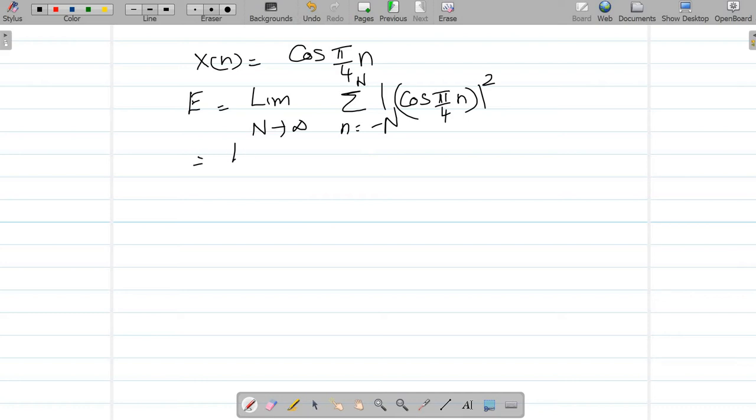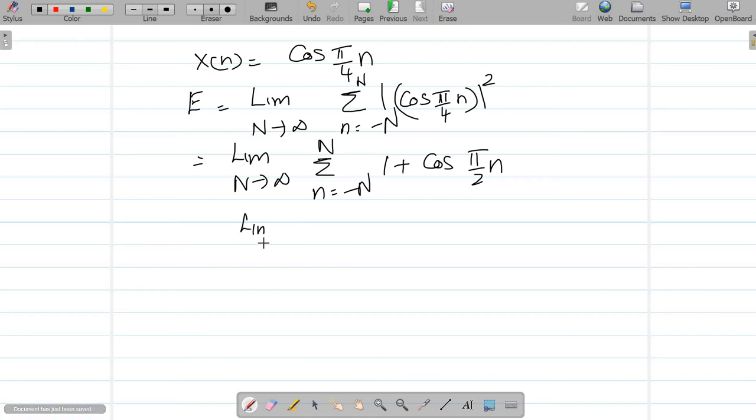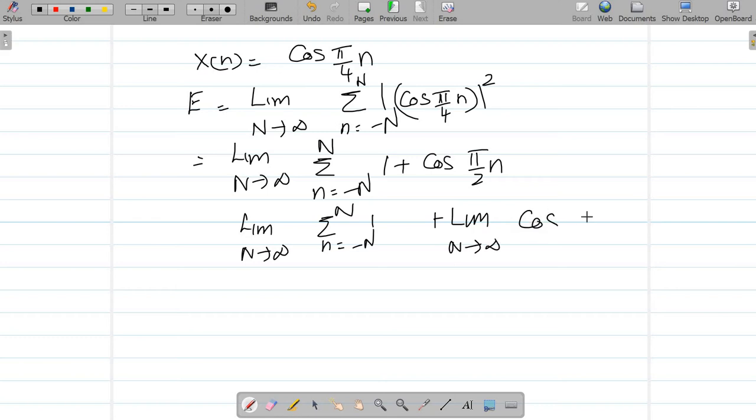So this I can write as limit N tending to infinity, sum from n equal to minus N to plus N, and this I can write as 1 plus cos of pi by 2 n, all divided by 2. Now this we can write as one half times the sum of 1 plus the sum of cos of pi n by 2.